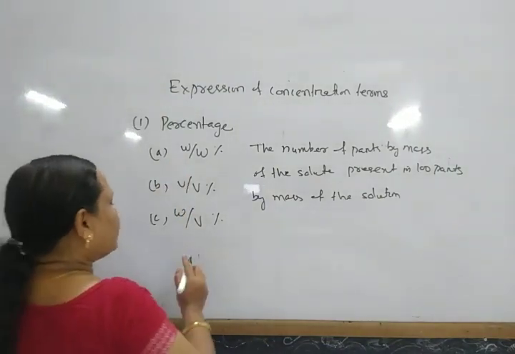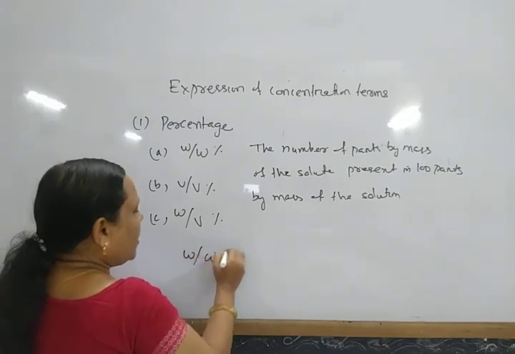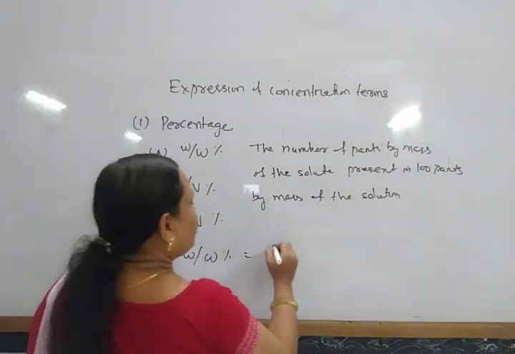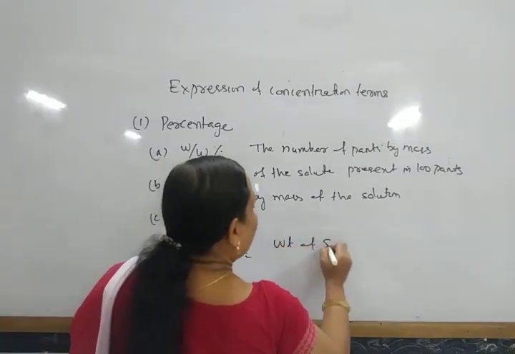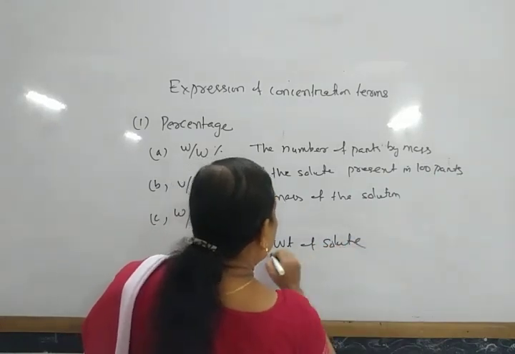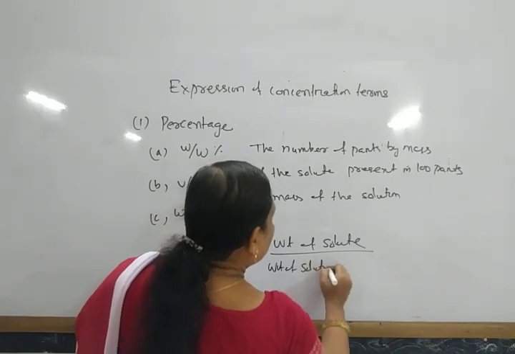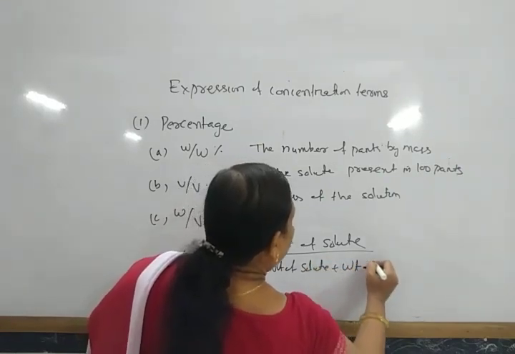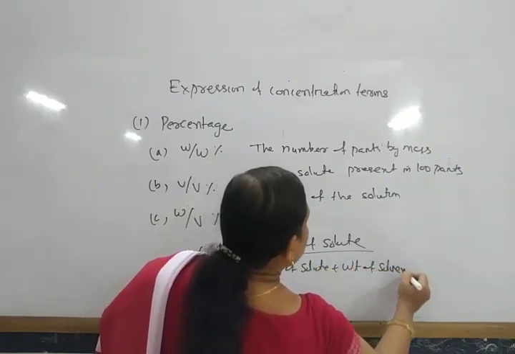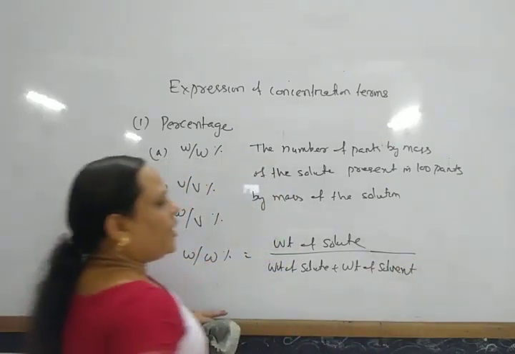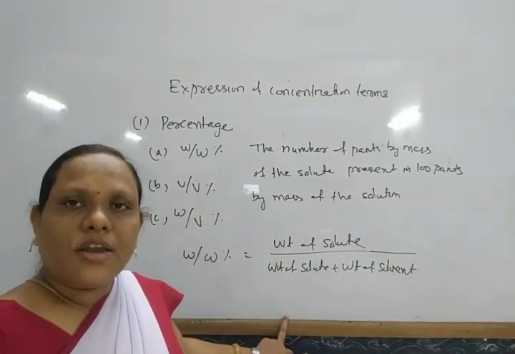Or we can say weight by weight percentage equals weight of solute divided by weight of solute plus weight of solvent, into 100.